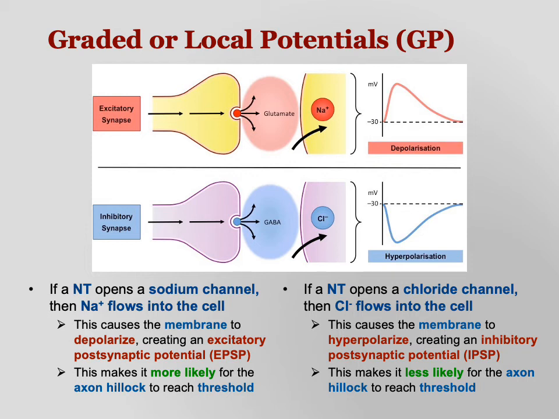It's going to make that next neuron more likely to fire. But in other cases, a neuron might want to tell the next neuron, hey, I don't want you to fire that action potential. So it's going to release an inhibitory neurotransmitter. It's going to open chloride channels. Therefore, we're going to hyperpolarize the membrane and have an inhibitory postsynaptic potential, an IPSP.